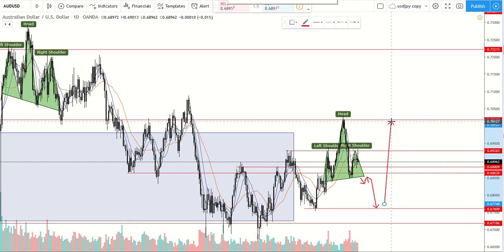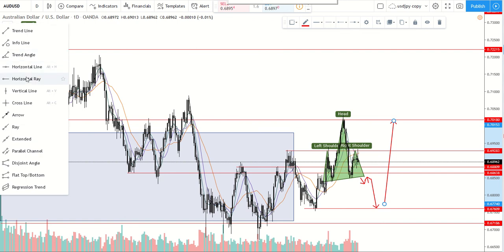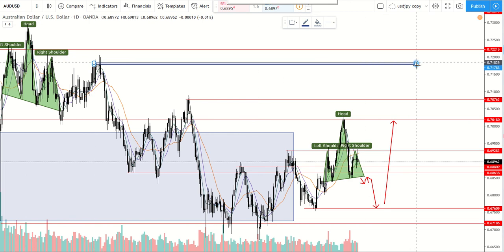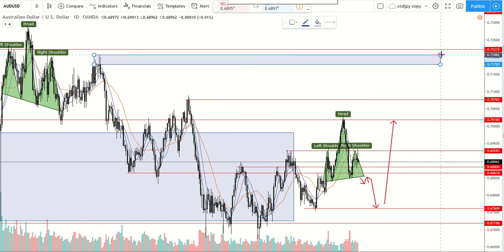Then as we head back up, the most likely scenario is test this resistance. And then you've got a nice fresh supply zone up here as well.